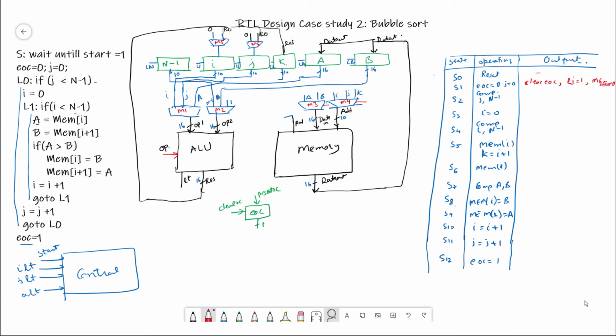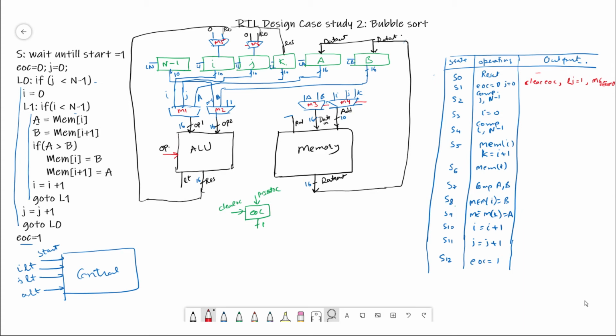So that signal has to be there. With that, this operation should be sufficient: by the end of the S1 state our j register will contain 0, and EOC would be equal to 0.